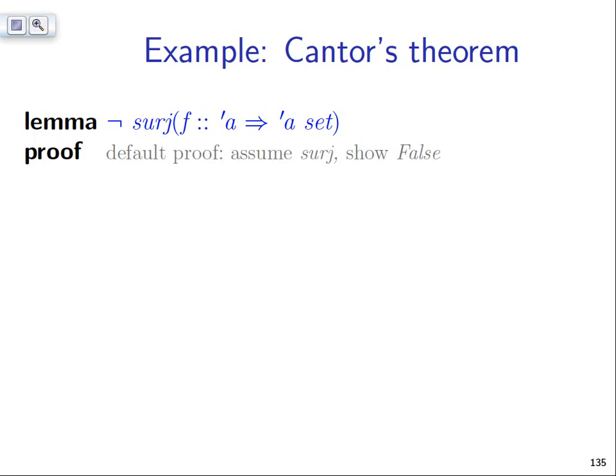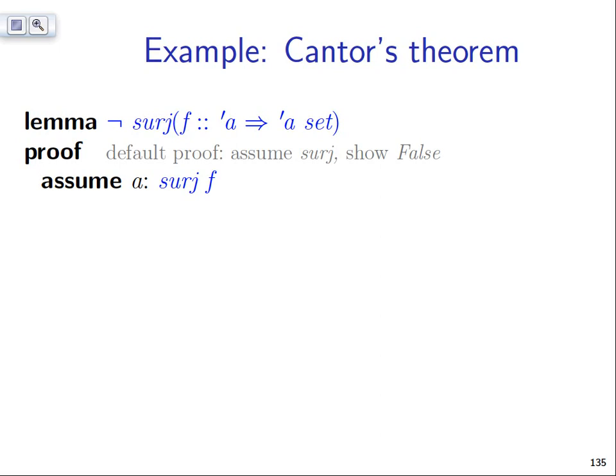So that means the default method here is that you are now allowed to assume that the function is surjective, and you have to show that false follows from that. So now we explicitly state f is surjective, so we are allowed to do that, but you still have to write it down.